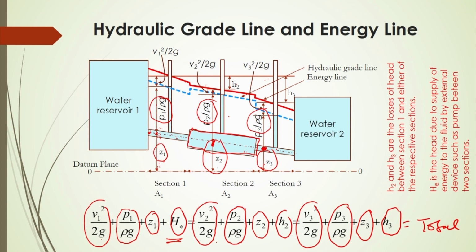Whenever you add the dynamic pressure, that means the velocity head, and the energy loss or head loss, that will give you the total energy. So the energy line, without considering the head loss, will be the red line, whereas the dotted green line represents the hydraulic grade line here.